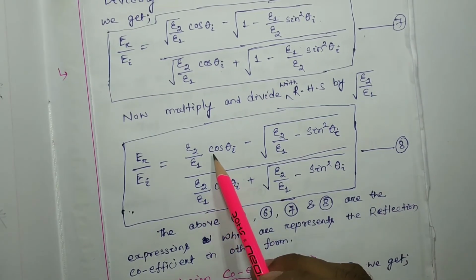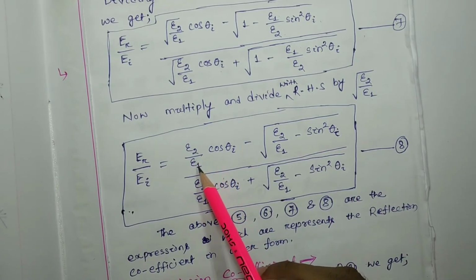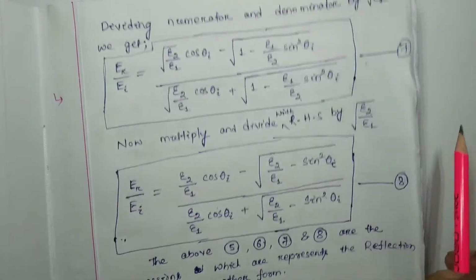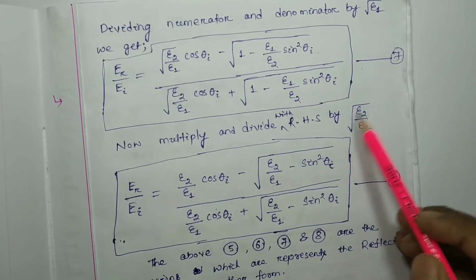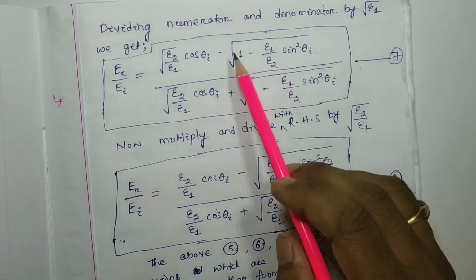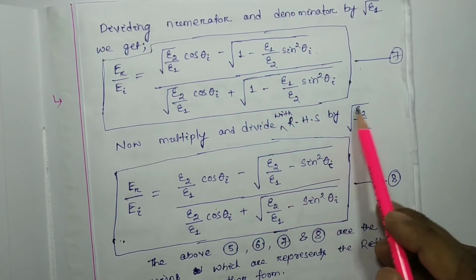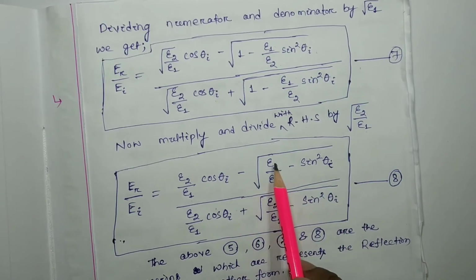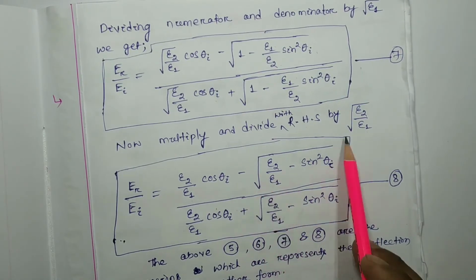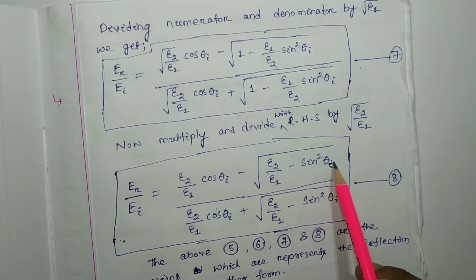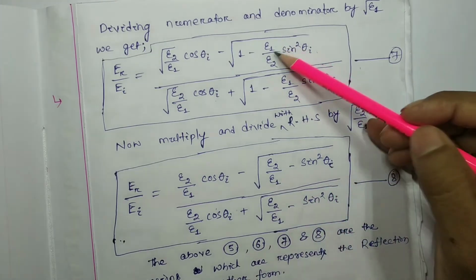So epsilon 2 by epsilon 1 cos theta I minus, I'm going to multiply this one with this term. It will be epsilon 2 by epsilon 1. Since epsilon 1 is there, this root will move inside. It will be epsilon 2 by epsilon 1 whole root over minus sine square theta I, because here it is epsilon 1 by epsilon 2.